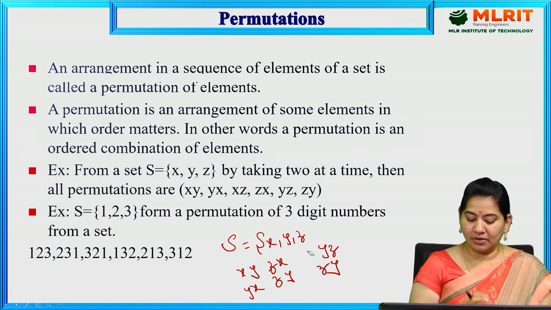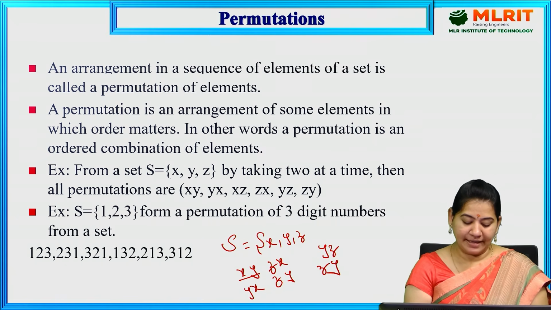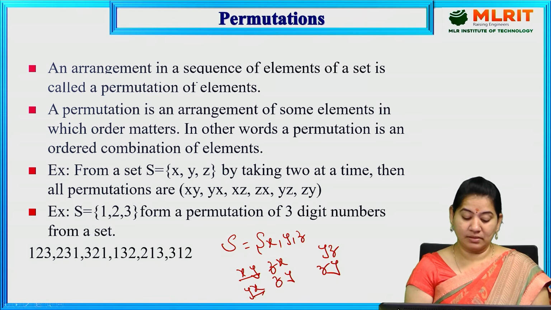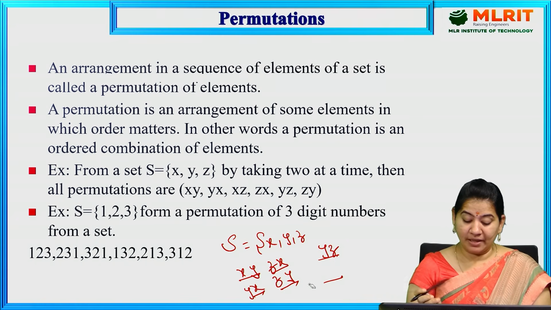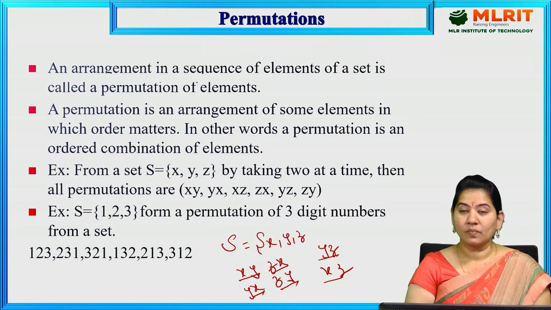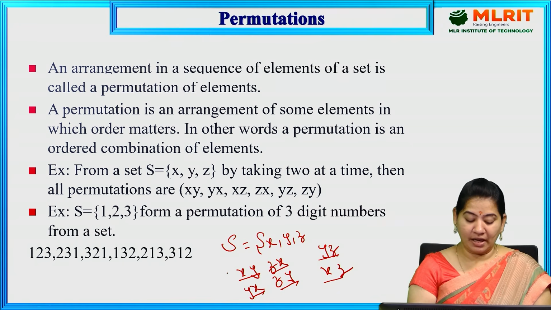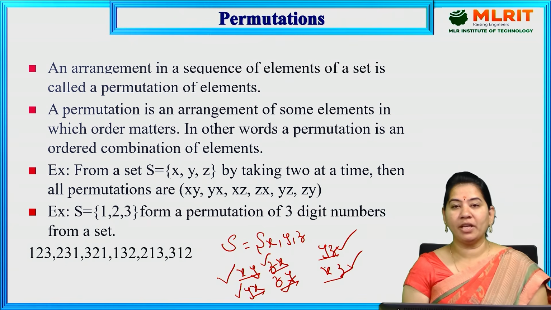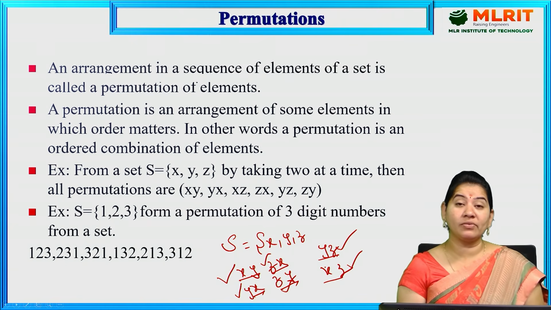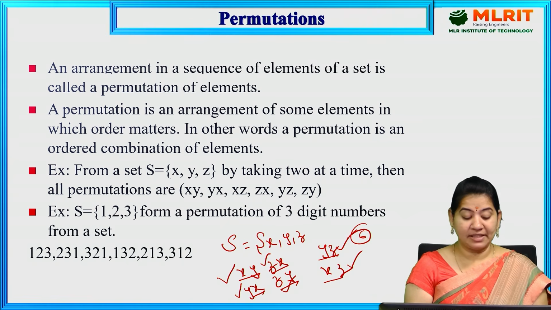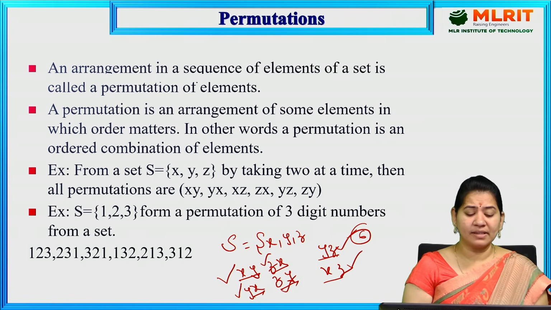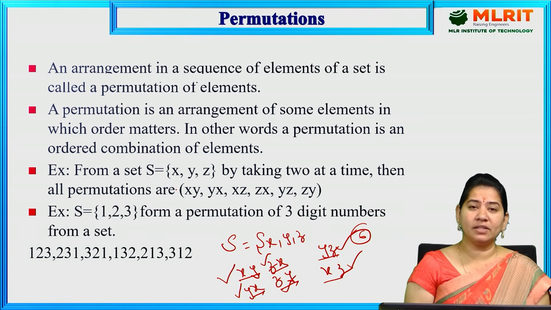If you observe, the ways are xy, yx, zx, xz, zy and yz. In how many ways can we arrange them here? In total, 6 ways.